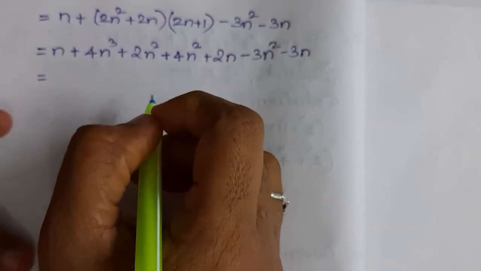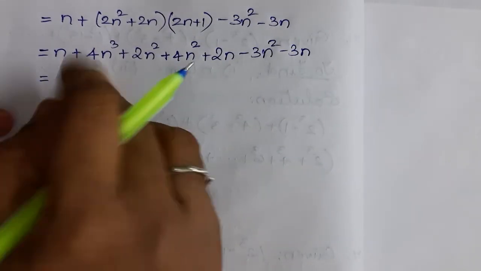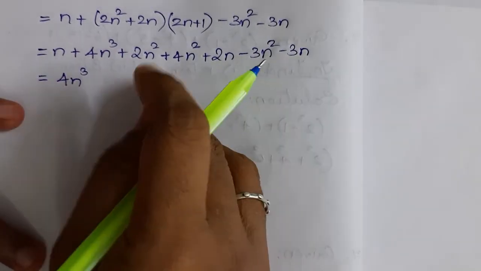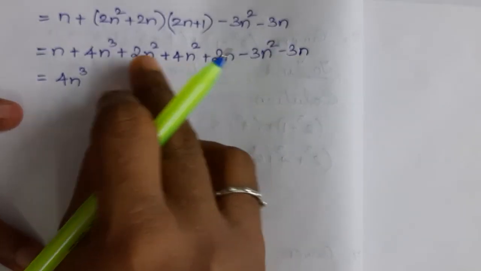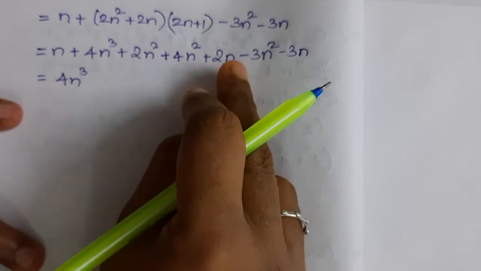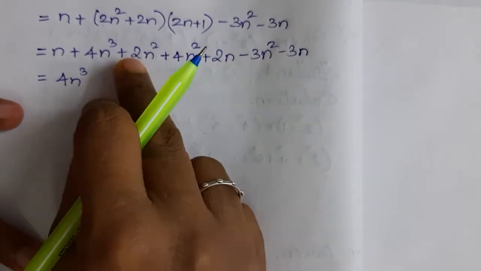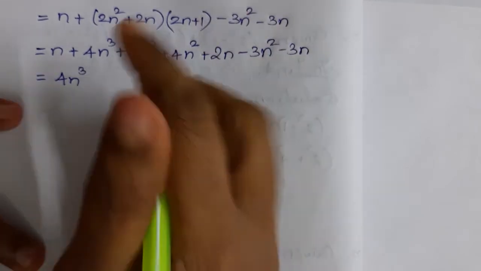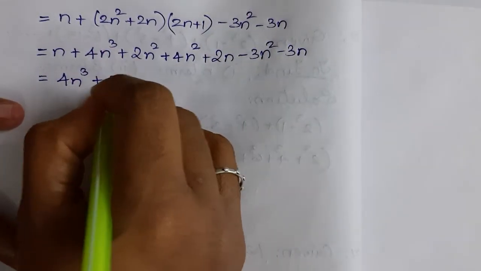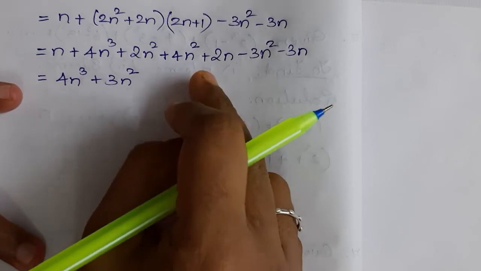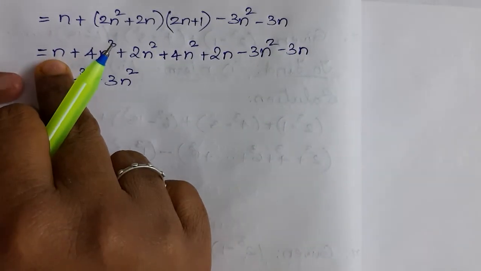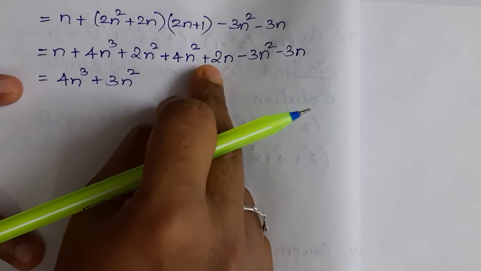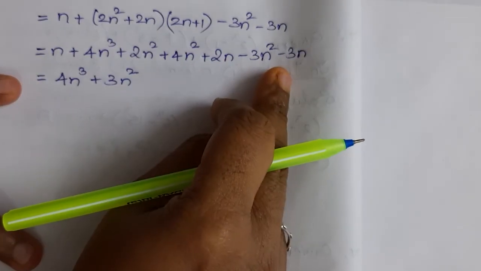Now clubbing all the terms, where you have only one cube term, which is 4n cube, and square terms you could see 2n squared plus 4n squared minus 3n squared. There are 3 terms. So 2 plus 4 is 6, 6 minus 3 is 3. So plus 3n squared. Then you have n terms. Here you have one n, here you have 2n, and here minus 3n. n plus 2n is 3n, 3n minus 3n is 0.